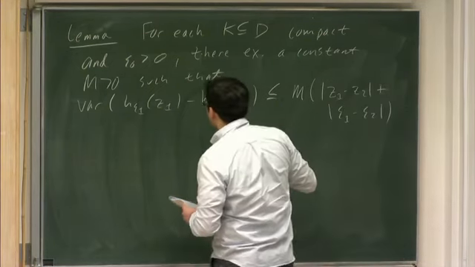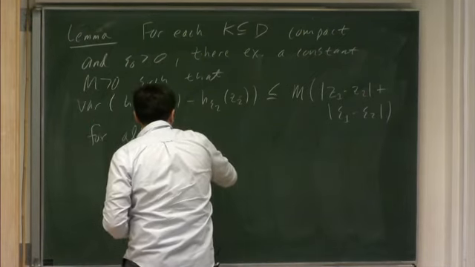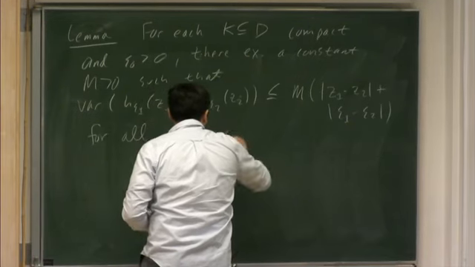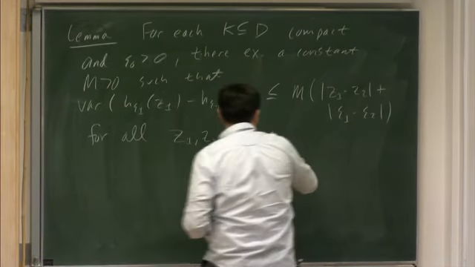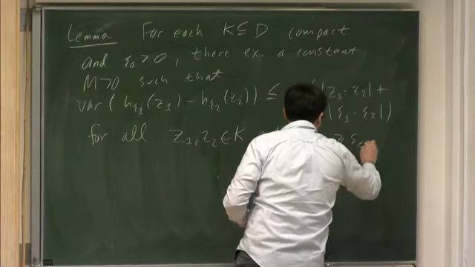And here, just to emphasize, this is for all Z1 and Z2 in K, and epsilon 1, epsilon 2 bigger than epsilon 0.